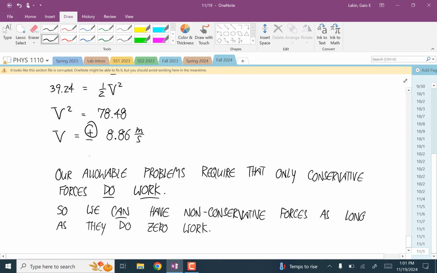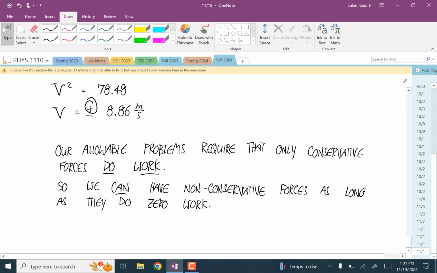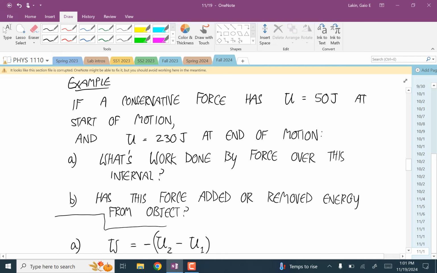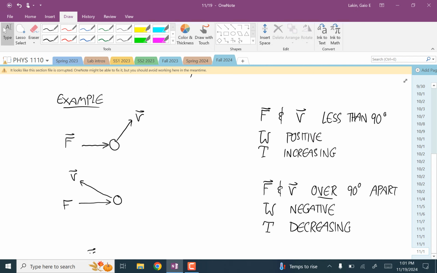And so from the first thing we did in class today, and we talked about this last week too, what is required for a force to do 0 work? So look up here from this example. When these are less than 90 degrees apart, work is positive.